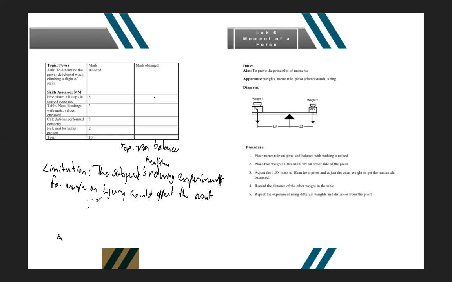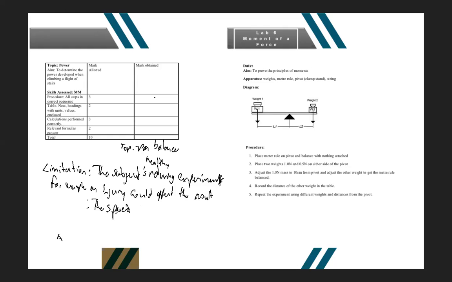That's another limitation, the speed. So we as experimenters are not able to control that. We're not able to tell the person to climb the stairs at a certain speed. While they could be moving quickly at the beginning of the experiment, as they reach the top of the stairs they get tired and slightly slow down.